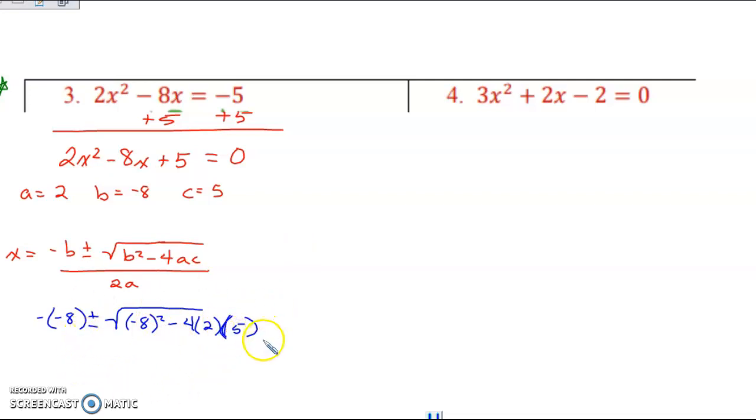All right, so when I'm working this through, I know the opposite of negative 8 is positive 8, plus or minus. Negative 8 times negative 8 is 64. And then I know 2 times 5 is 10, times negative 4 is negative 40, or minus 40. And 64 minus 40 over 2 times 2.